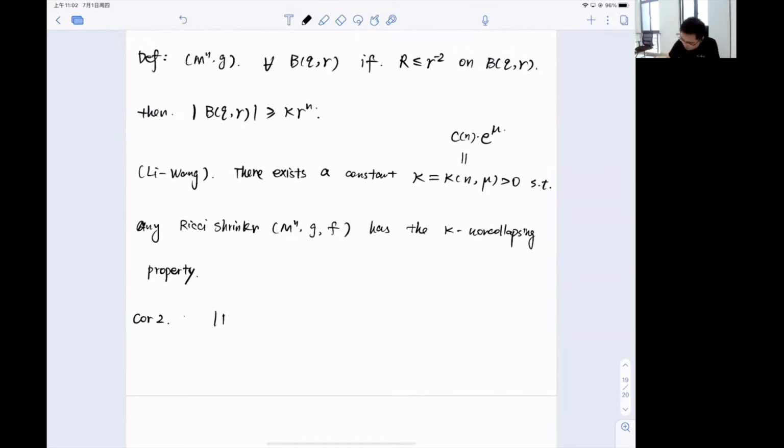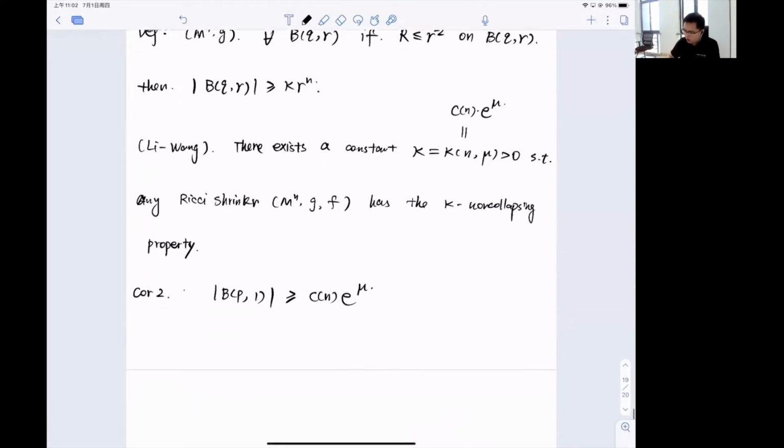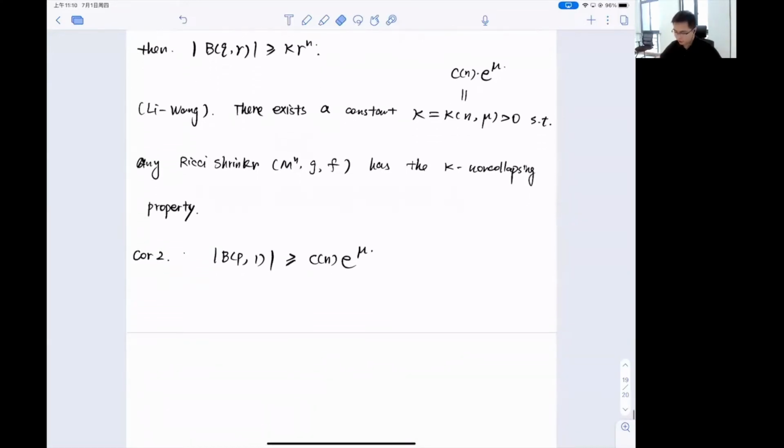So here we have B_p(1) should be bounded below by some constant C_n times e to the mu. This corollary directly follows from the theorem. That's because the scalar curvature on the unit ball around the base point p is always bounded above.